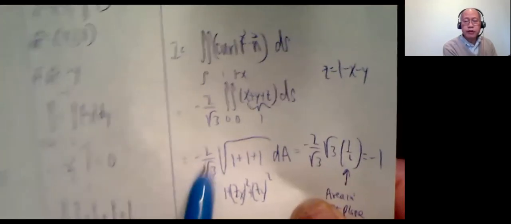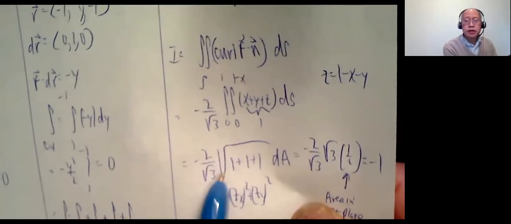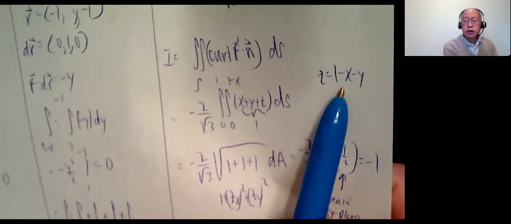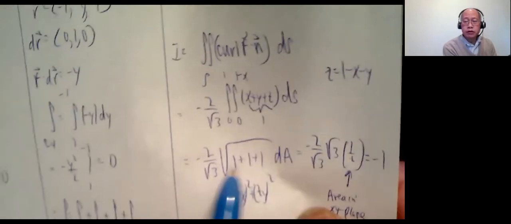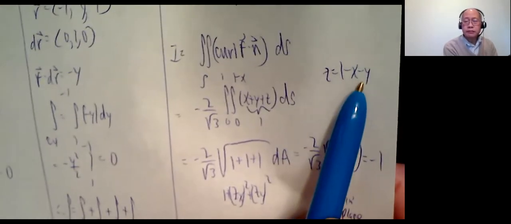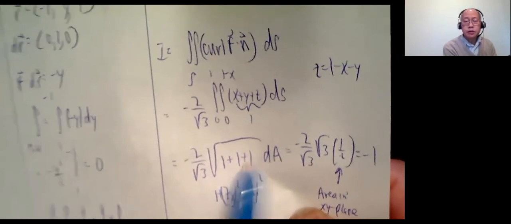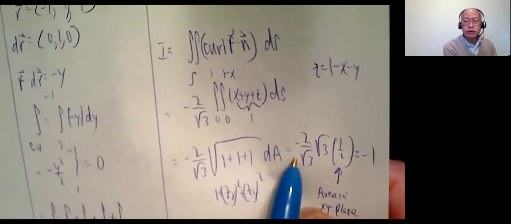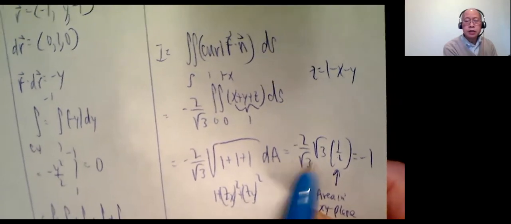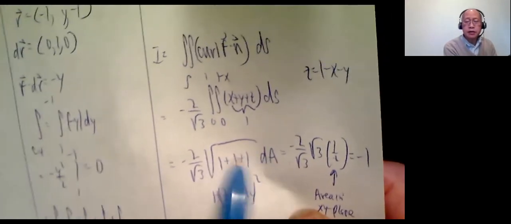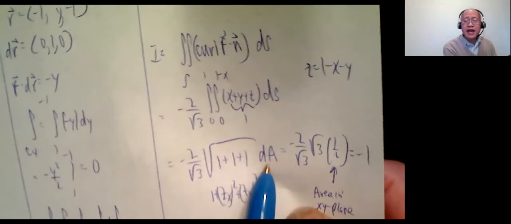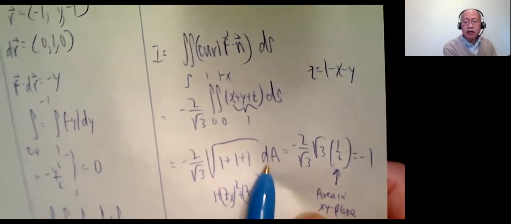So I have negative 2 over radical 3, square root of 1 plus z sub x squared. Partial with respect to x is negative 1. Squared, you get 1. Plus partial with respect to y, negative 1. Squared, 1. So negative 2 over radical 3 times radical 3 times dA. dA is the area in the xy plane.